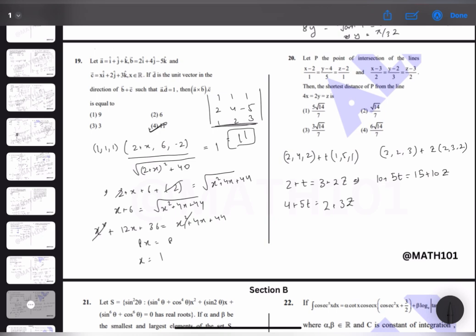So subtracting equation 2 from equation 1, we get 10 plus 5t minus 4 minus 5t, which is 6, equals 15 plus 10z minus 2 minus 3z, that is 7z plus 13, which gives us z equals to minus 1. So the point is (1, -1, 1). This is the point of intersection of these two lines.